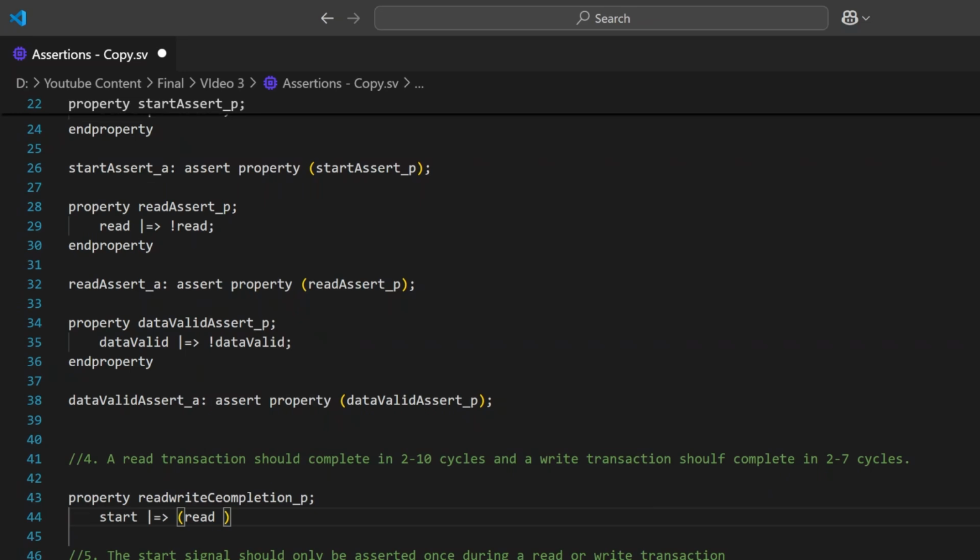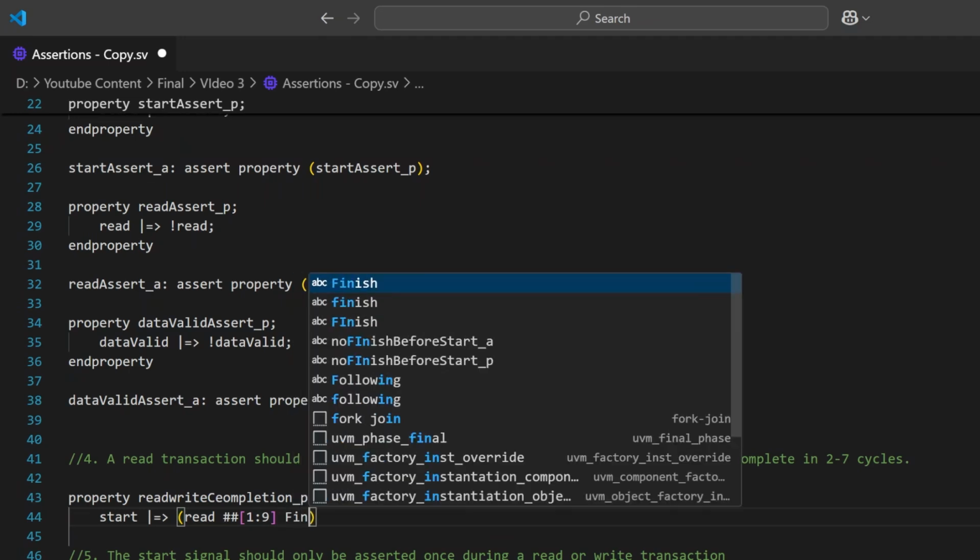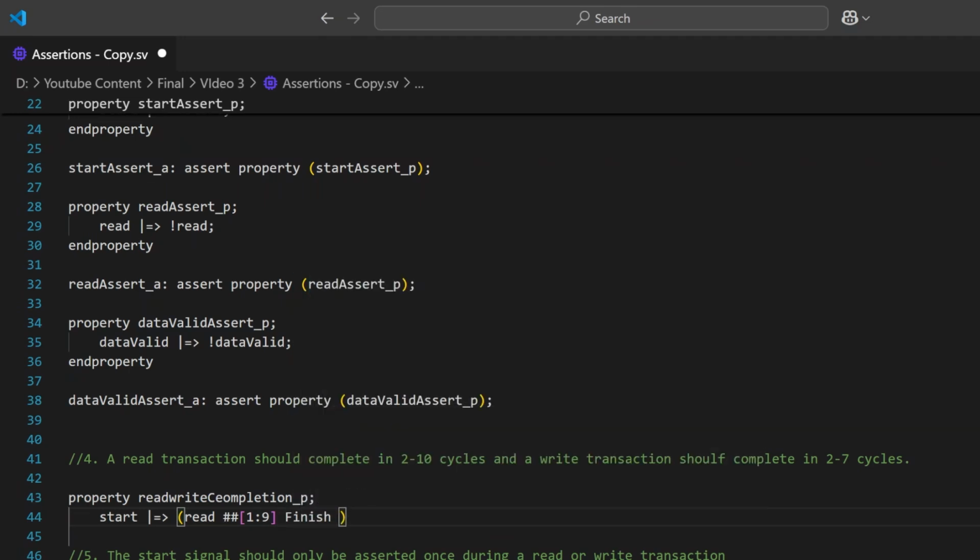So when the read is asserted, indicating that it's a read operation, then I will wait for finish, which indicates that the transaction is complete. So note here that I am writing the range of 1 to 9 because we started counting the cycles when the start is asserted.